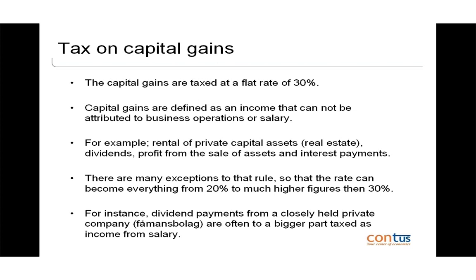For example, rental of private capital assets, such as your villa, real estate, dividends, profit on sale of assets, and interest payments. However, there are many exceptions to that rule, so the rate can become anything from 20% to a much higher figure than 30%. For instance, dividend payments from a closely held private company are often, to a bigger part, taxed as income from salary.